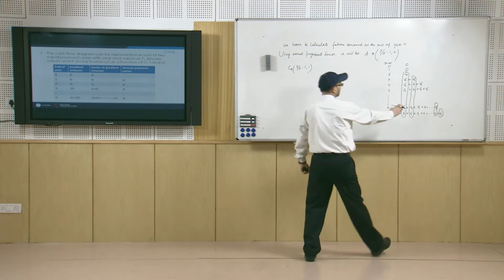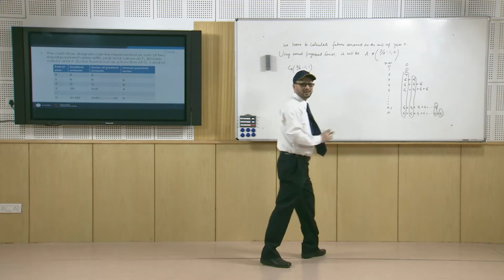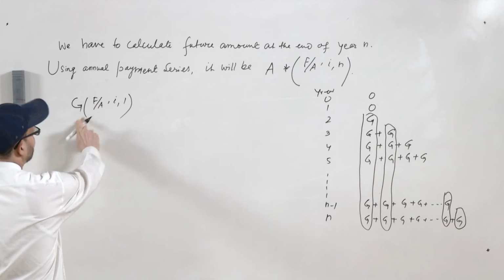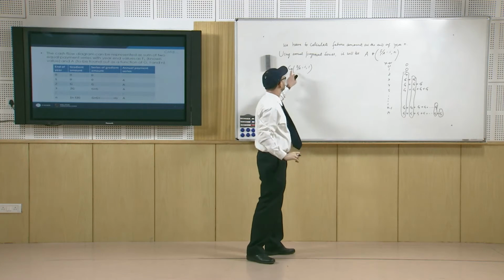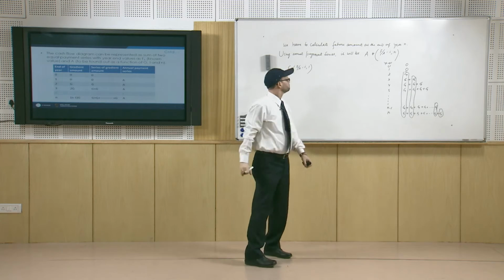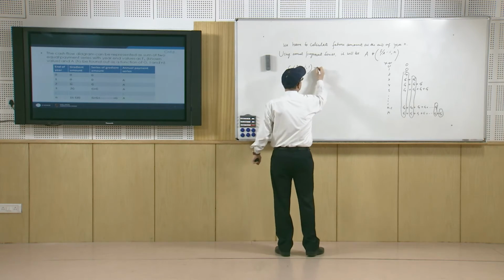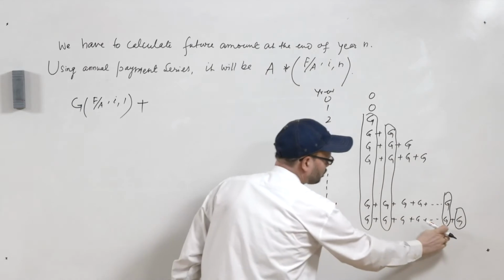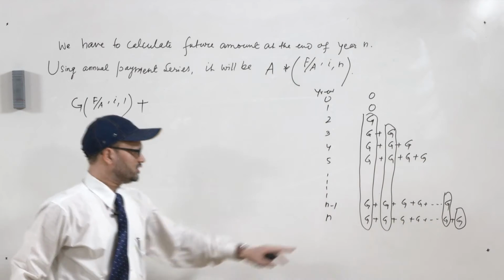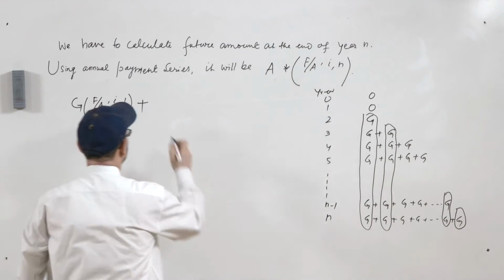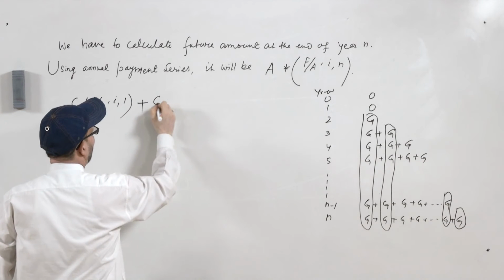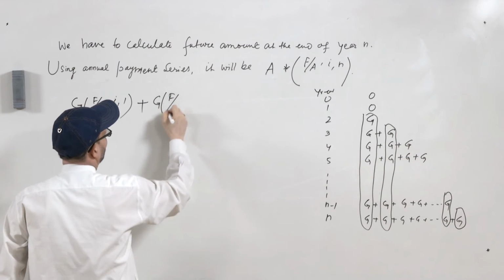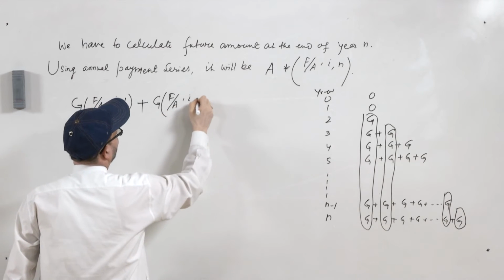Now, this g remains as g itself. So, this g is multiplied by f by a I 1, f by a I 1 is 1 itself. So, this g remains as g plus this 2g, g plus g is nothing but its component at a future time will be g times multiplied by f by a I 2.